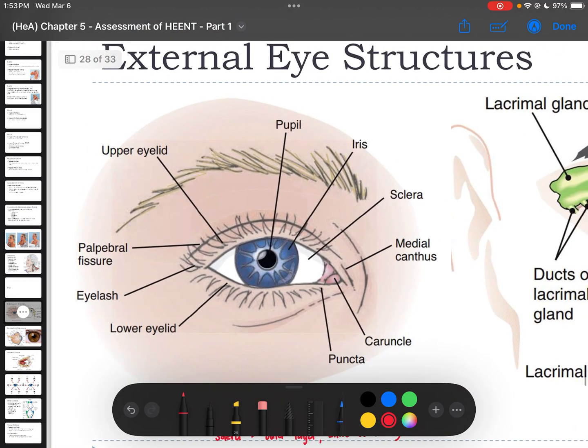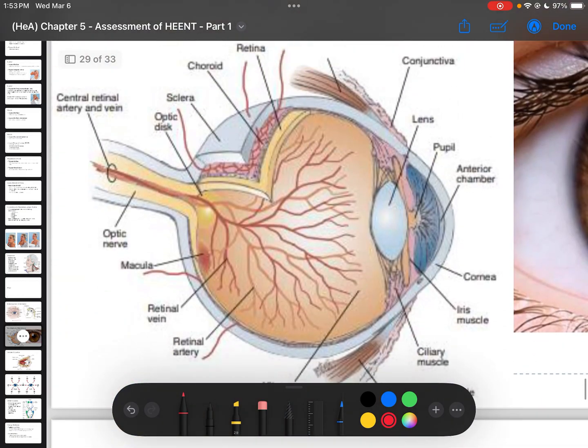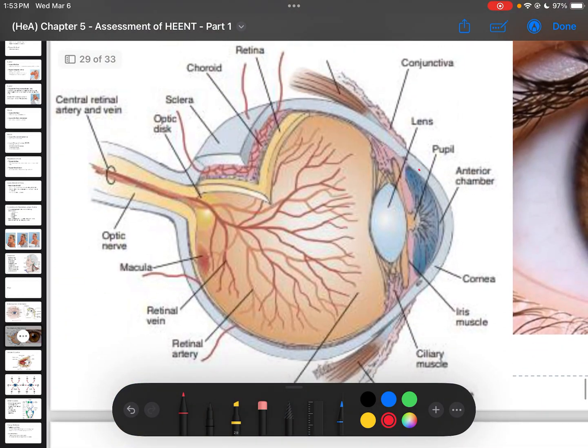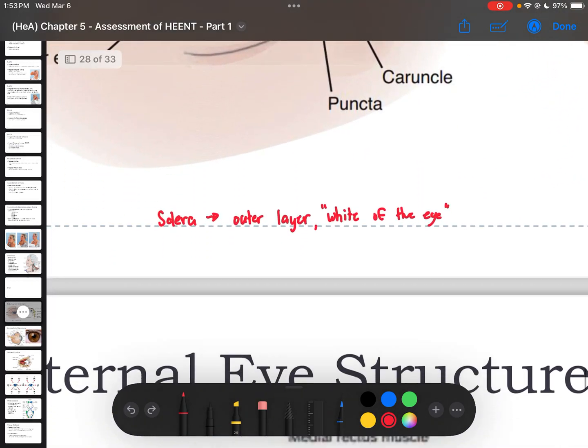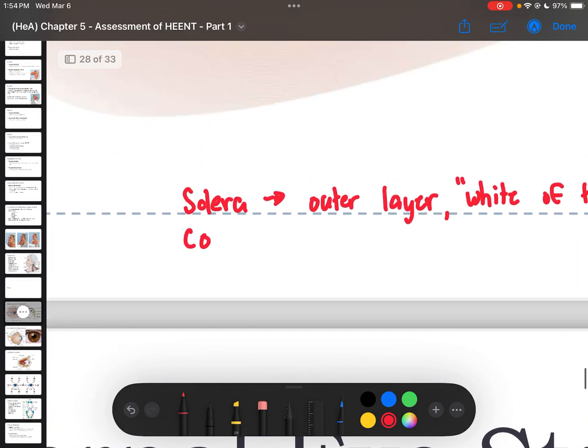Next, among which is not also visible here, but visible here. The front part that bulges out of the eye, we call that the cornea. Okay?